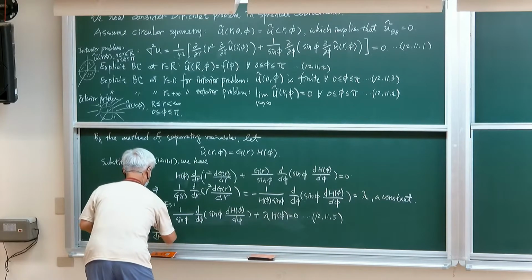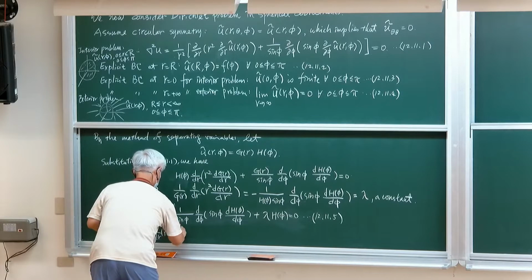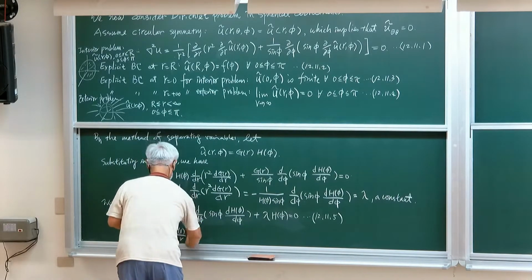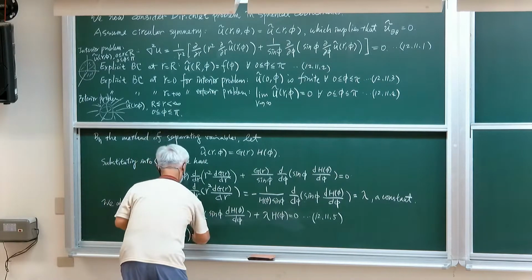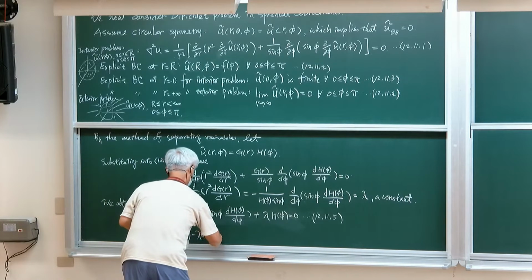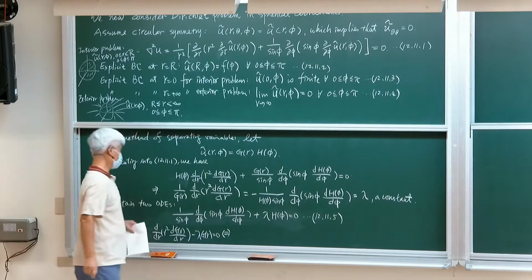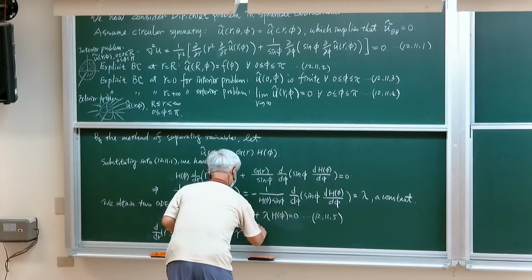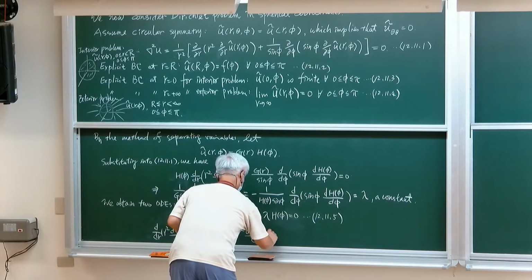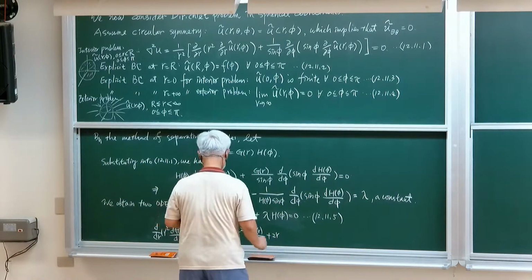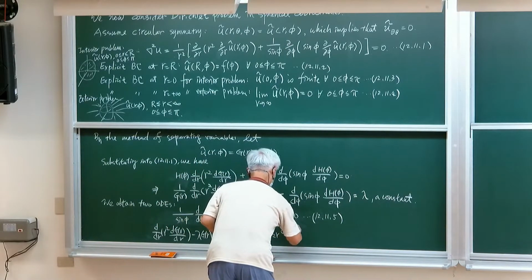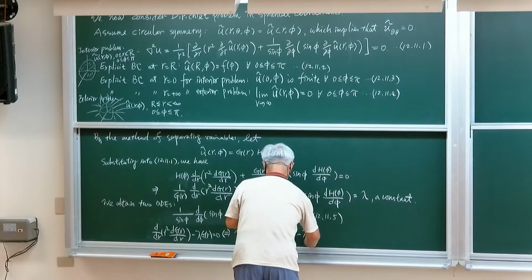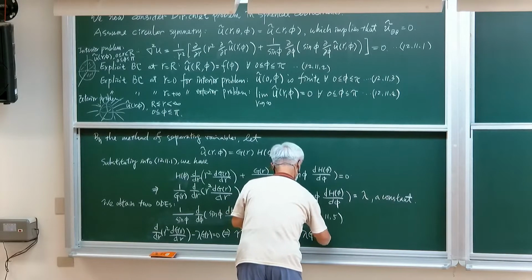And for g, we have 1 over g, d/dr of r squared dg/dr, minus lambda g equal to 0, right? Or explicitly you have r squared g double prime plus 2r dg/dr minus lambda g equal to 0.